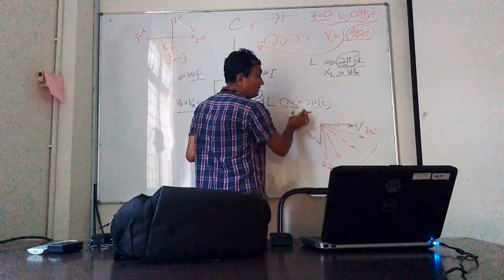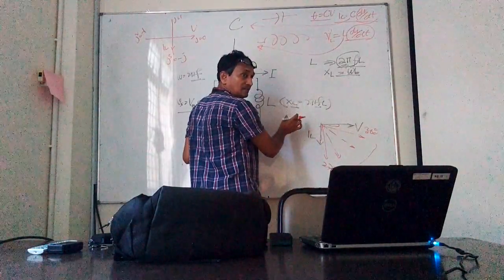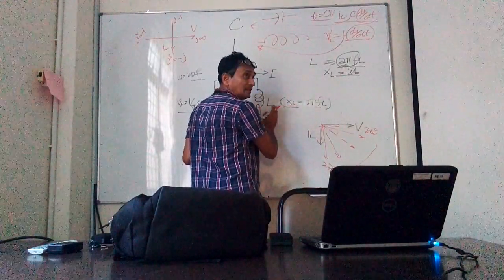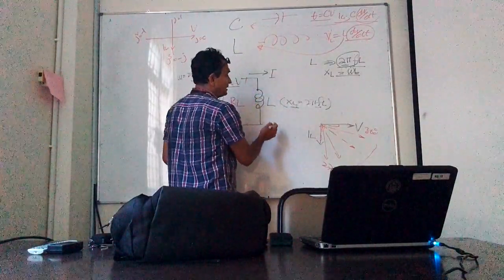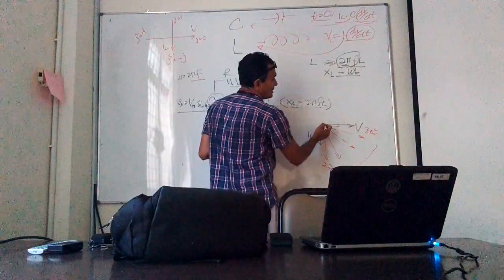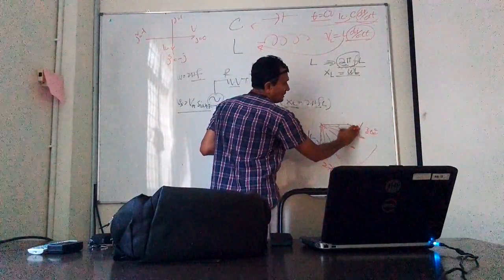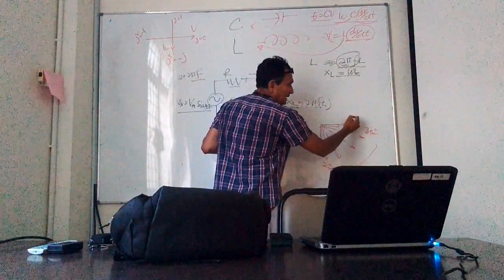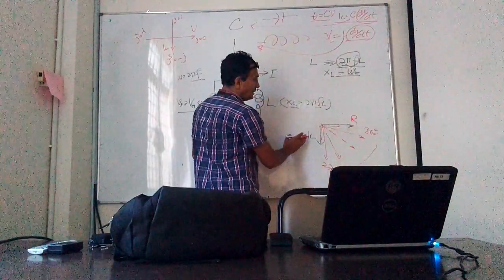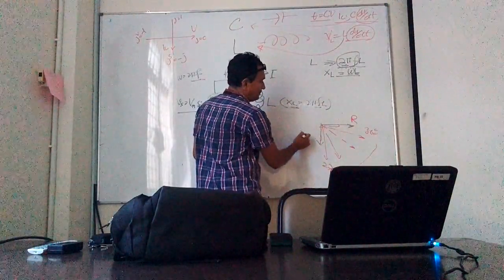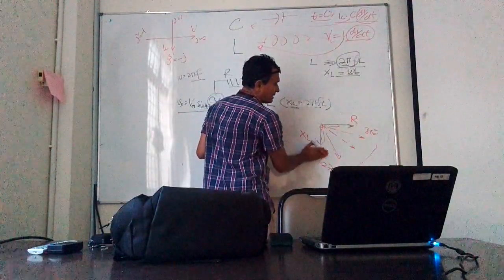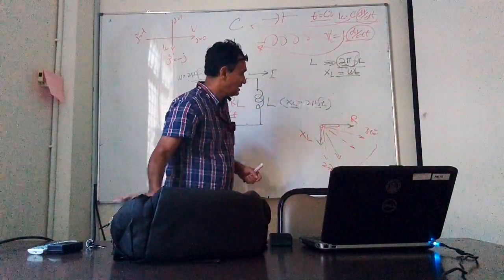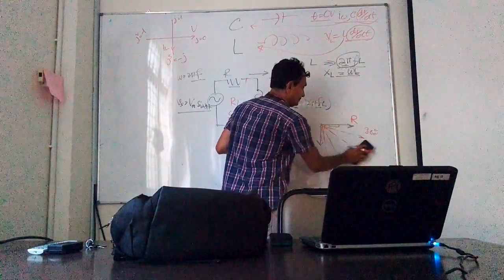It is actually the impedance, because it is neither purely resistive nor inductive, but a combination of the two. Here R represents the direction of resistance, XL represents the direction of inductive reactance, and Z represents the impedance.